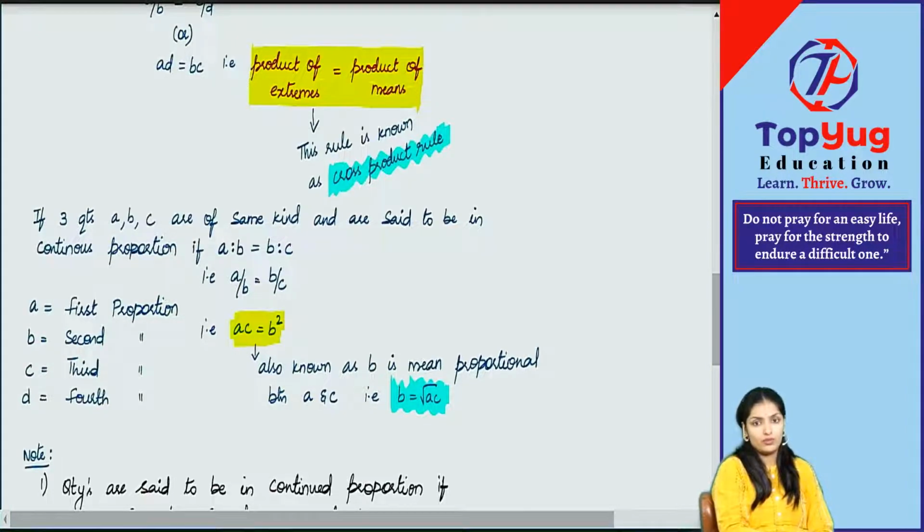Inverse, that is. Yes. Alternando: A C is equal to B D. Okay.